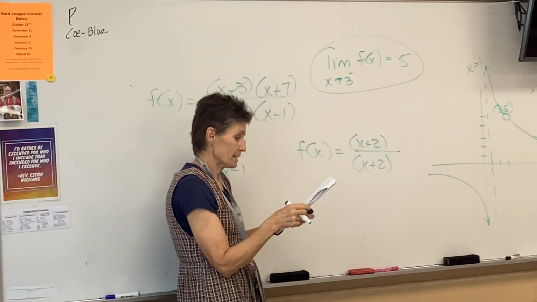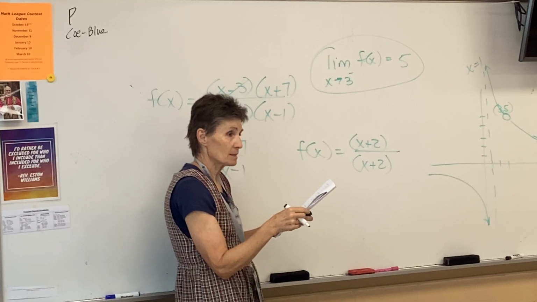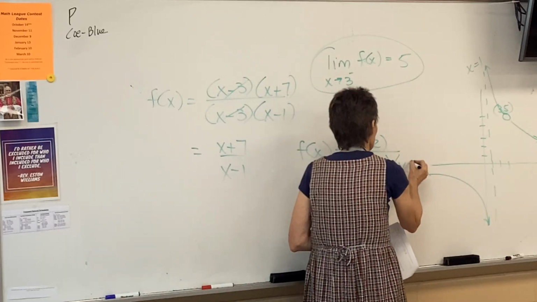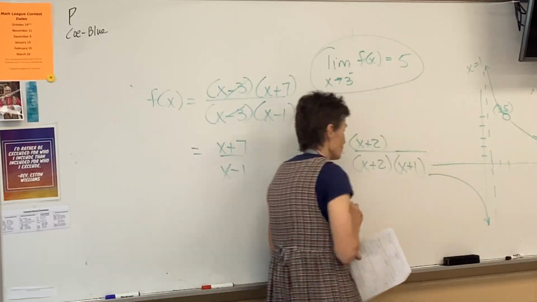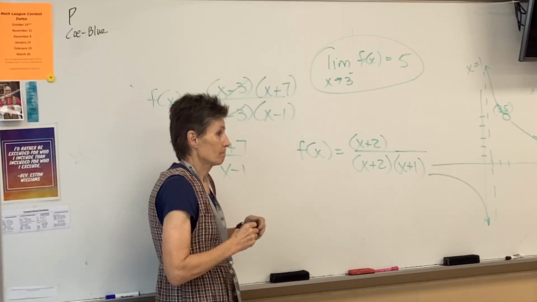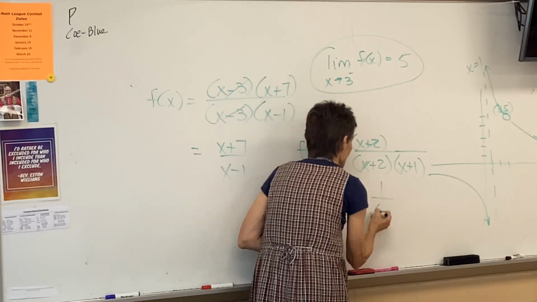And then it looks like we have a vertical asymptote at, so you have an x plus 1 down here. So that's the beginning. So if I just cancel, I'm going to be left with this now.